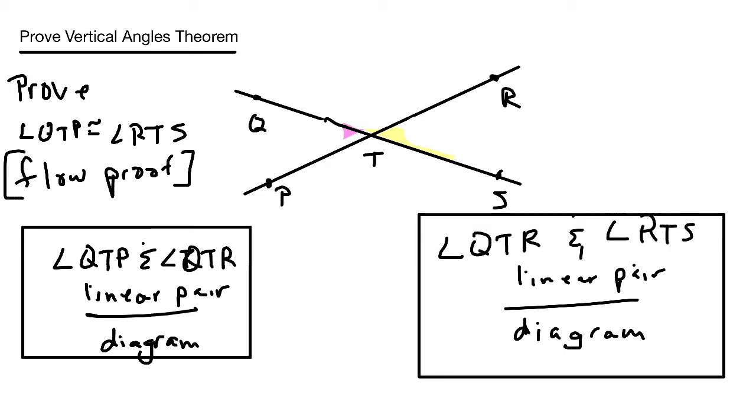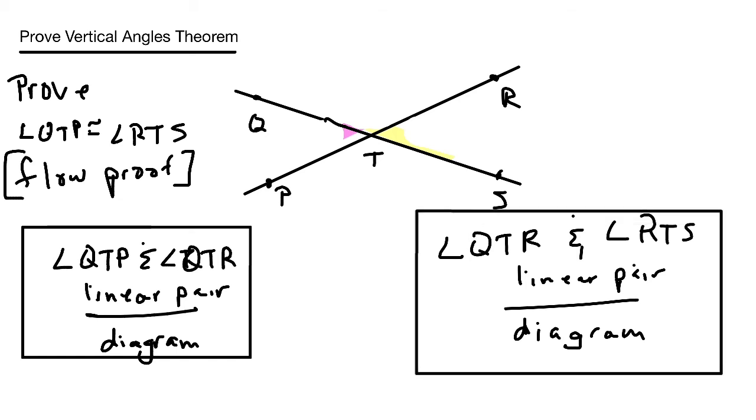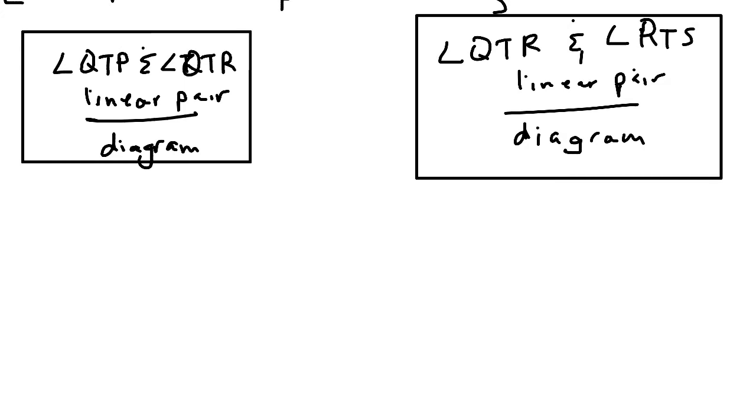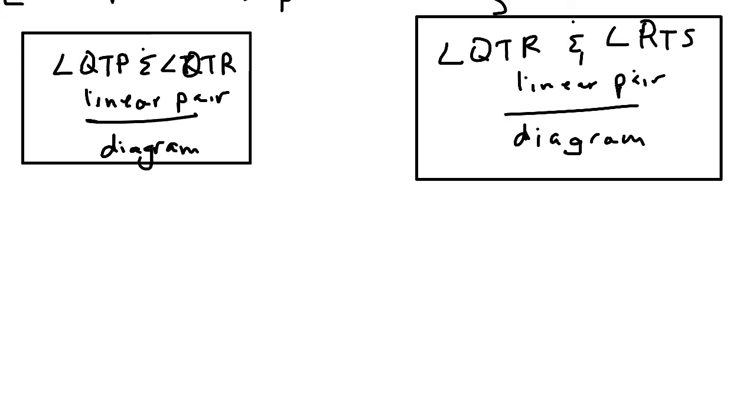Good idea to try to match up these box sizes. Good idea to double check that your work is legible. Okay, now once I know that those two things form linear pairs, the next thing I want to claim based on that is that the two pairs of angles are supplementary.